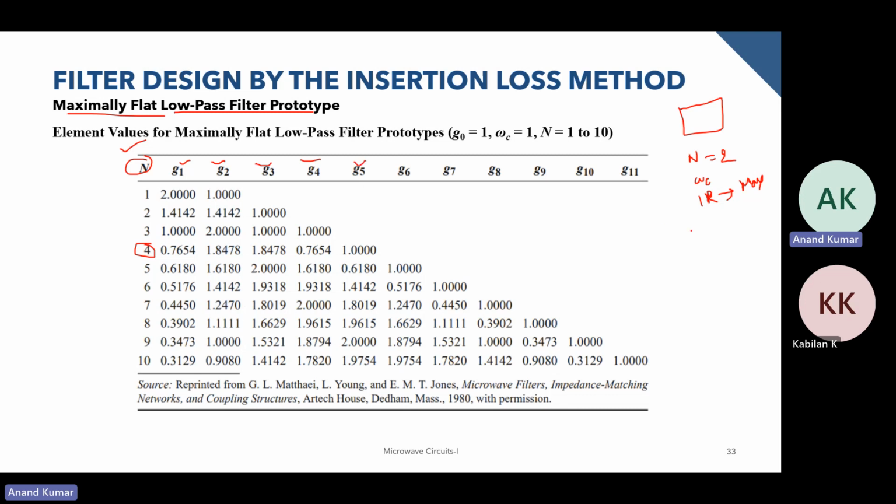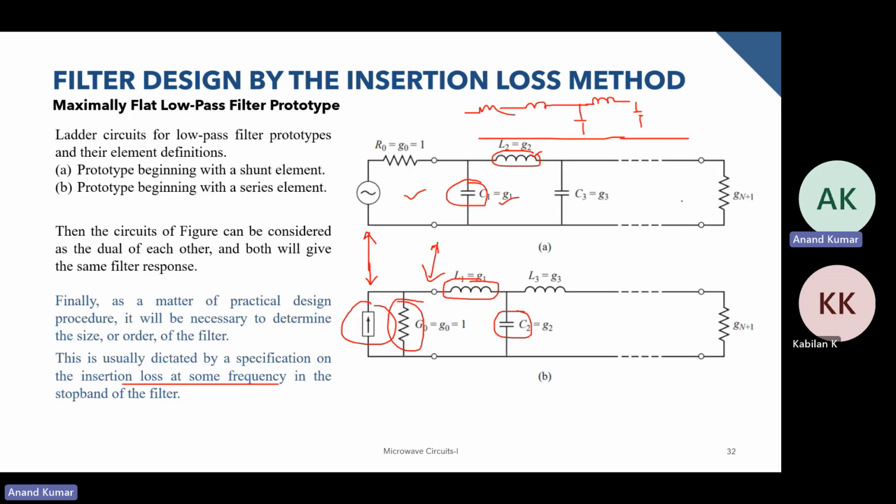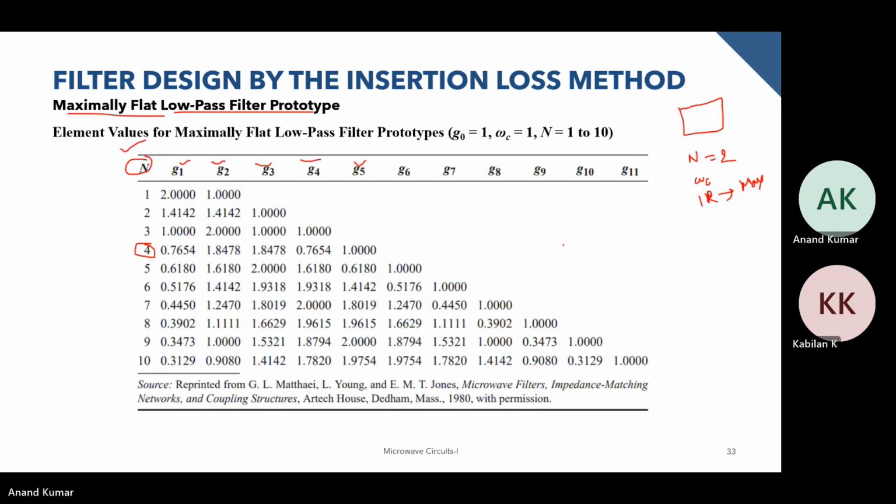So G5 will be the last impedance value, right? If you go to the previous slide, this is your G5 for the fourth order filter. You have a resistor over here, which is 1, and then a capacitor and an inductor, a capacitor and an inductor. So this is your fourth order filter, and then you have this load impedance over here.